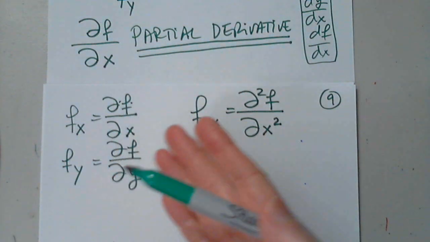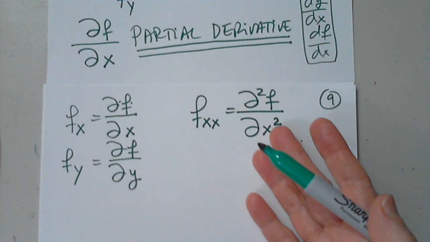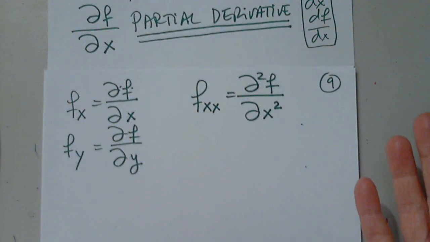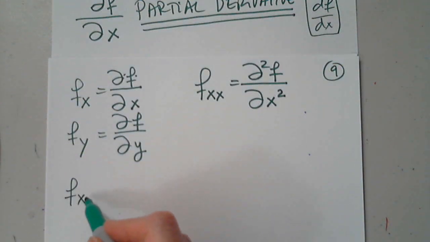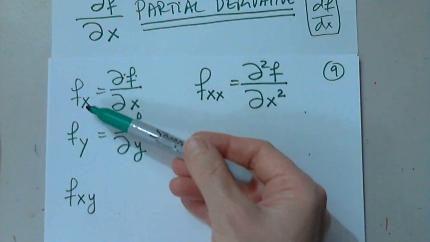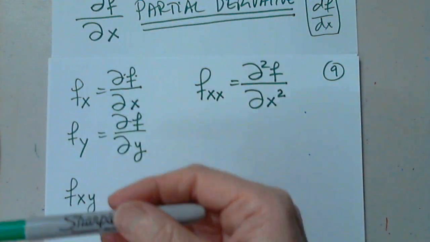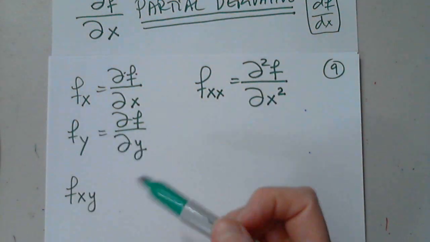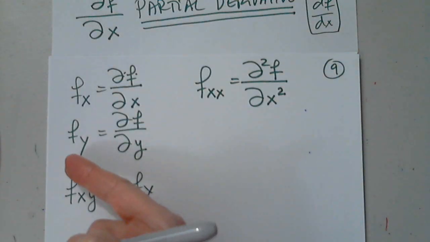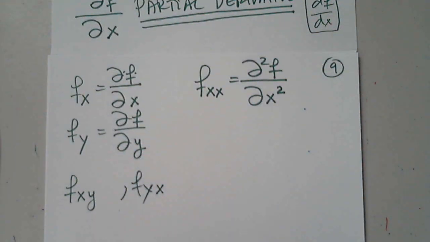We do not need to use this notation. We need to know what it means. Also, I can differentiate the function f with respect to x and then with respect to y. I can differentiate f with respect to y and then with respect to x.